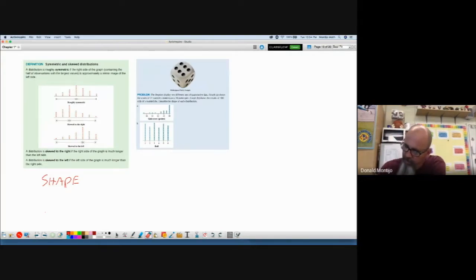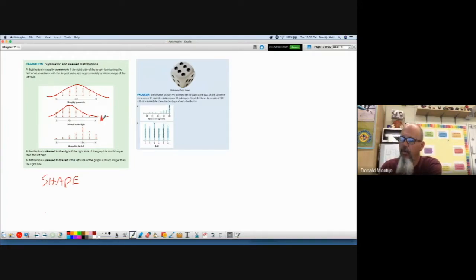But what we're going to be doing is fitting a curve to the distribution. So here are 3 separate dot plots. The top one here looks really symmetrical. You see how it looks symmetrical? We're going to say that this data is roughly symmetrical. Now, if I tried to fit a curve to the top of all these dots, you would see that this tail is pulled out to the right.